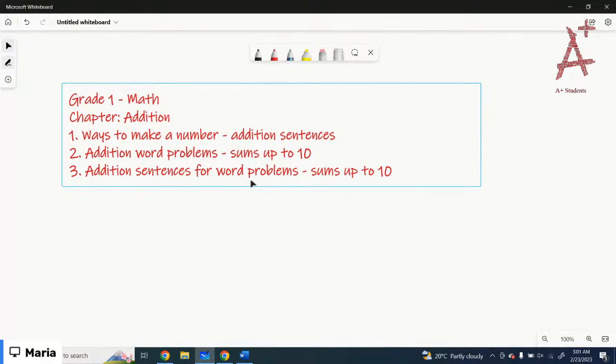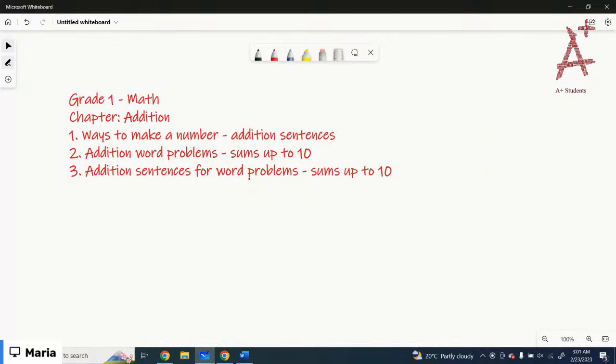So we're going to start with grade 1 maths. You can find all the lessons on aplusstudents.com.